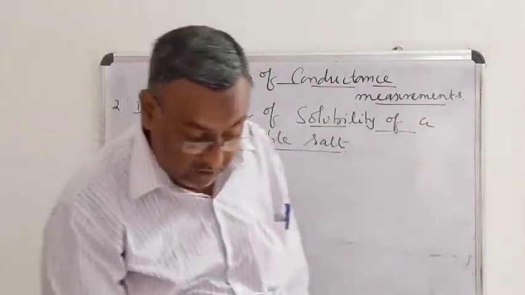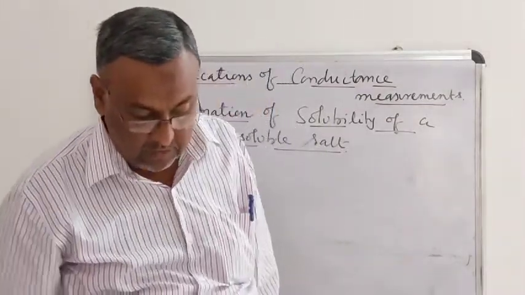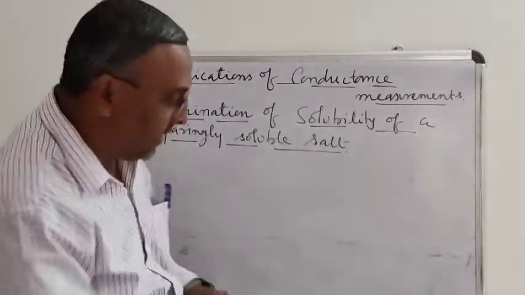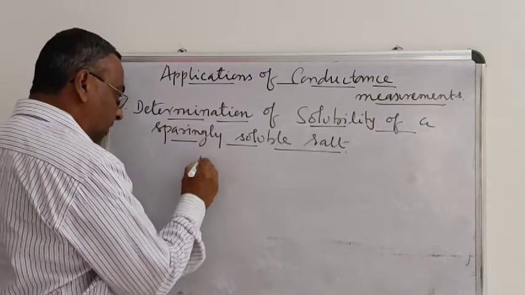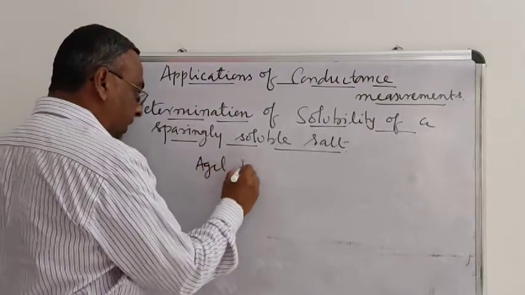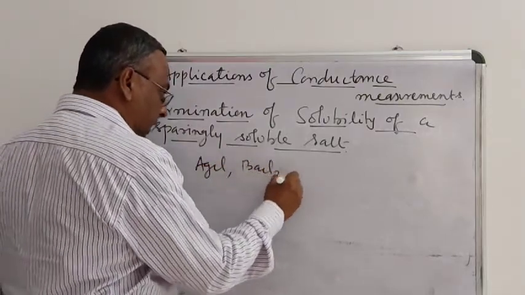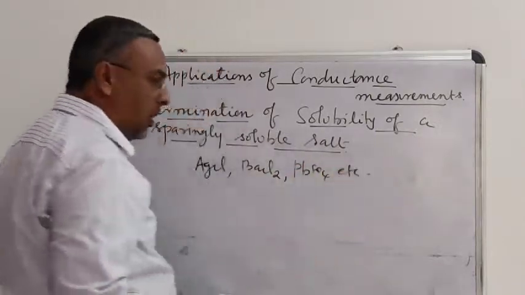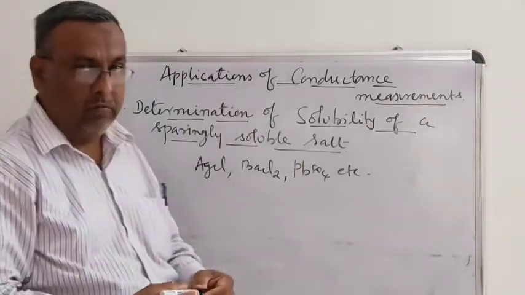Sparingly soluble salts are, for example, silver chloride, barium sulfate, lead sulfate, etc.